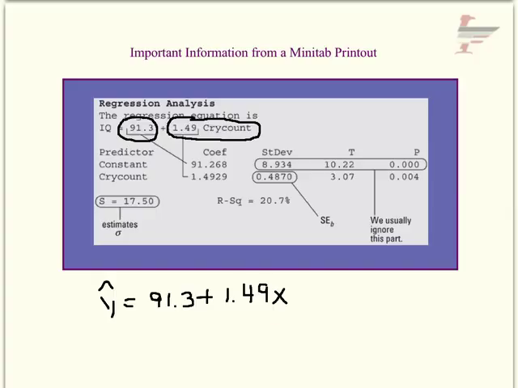Now, if they left these blank, how you get these constants down here is that the word constant literally means that. You know that your y-intercept is just a constant, with no variable beside it. And a coefficient is a number in front of a variable. So the coefficient for the constant is 91.268.